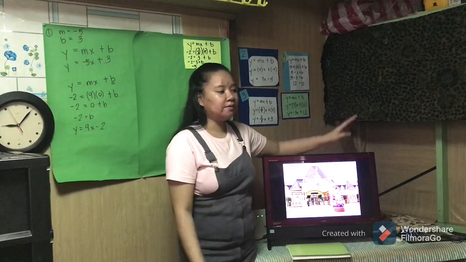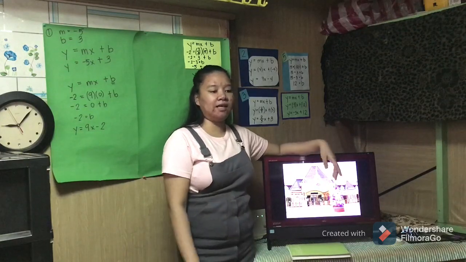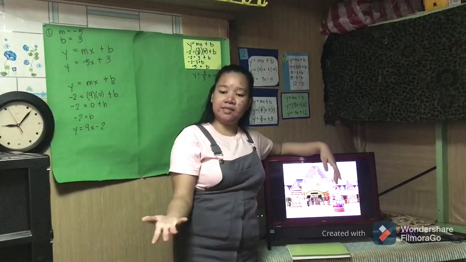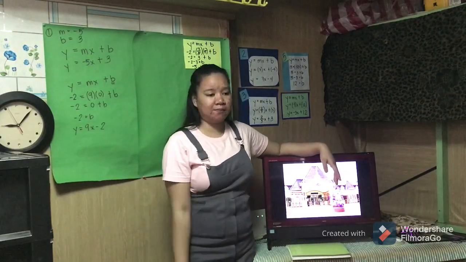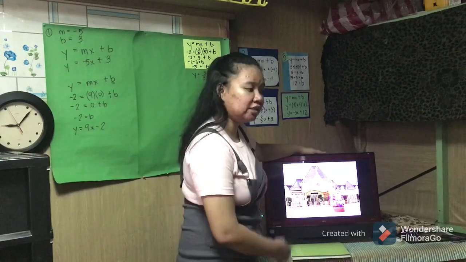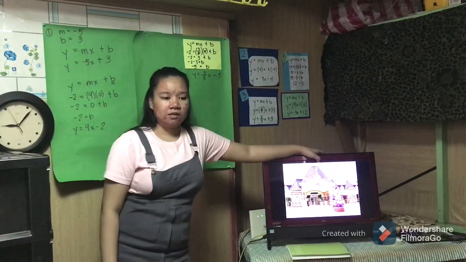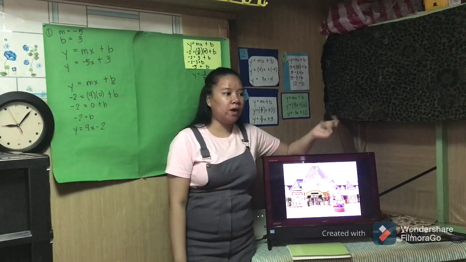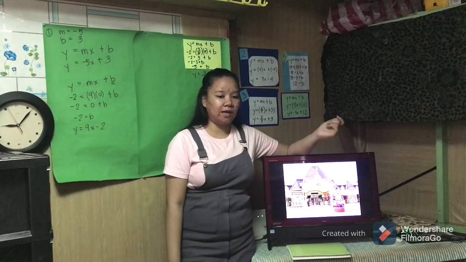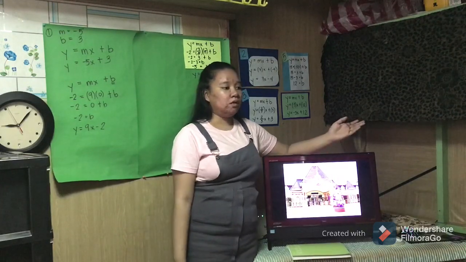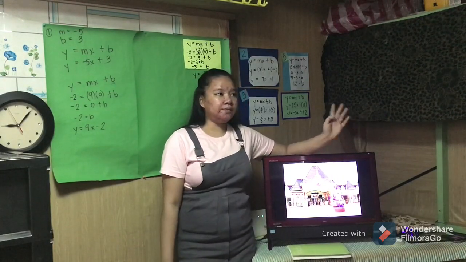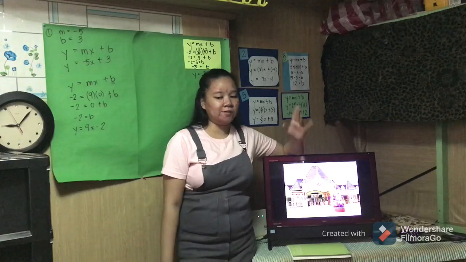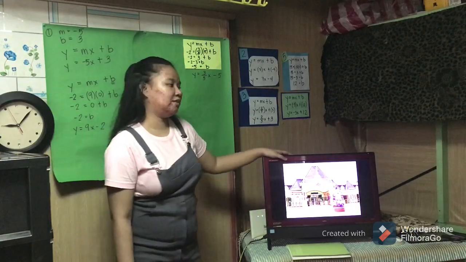The slope will be the price of the carousel, and the y-intercept will be the entrance fee, to know the total money that you spent during your trip. So the equation will be y equals mx plus b, where m is 100 and b is 570. Therefore, the equation would be y equals 100x plus 570. That's one of the examples.